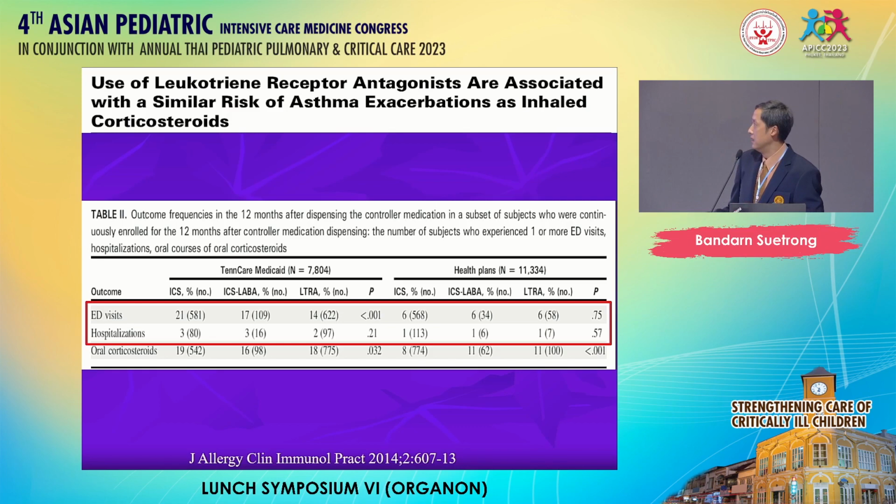We will find that in the real-world effectiveness study, comparing inhaled corticosteroid combined with long-acting beta-2 agonist to leukotriene receptor antagonist, the treatment outcomes of ER visits and hospitalization are equally the same among treatment options. You cannot choose the best research efficacy for the patient and expect high effectiveness, because in the real world, if you give a good medicine to the patient and the patient does not use that medicine, it is useless.